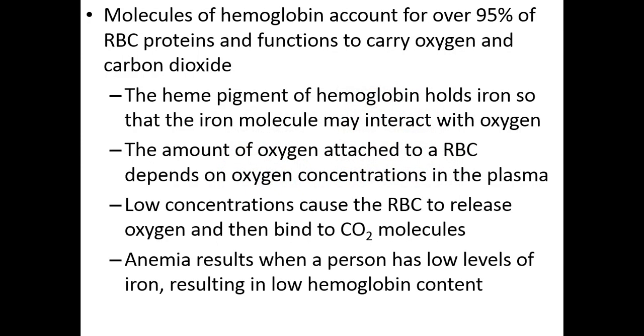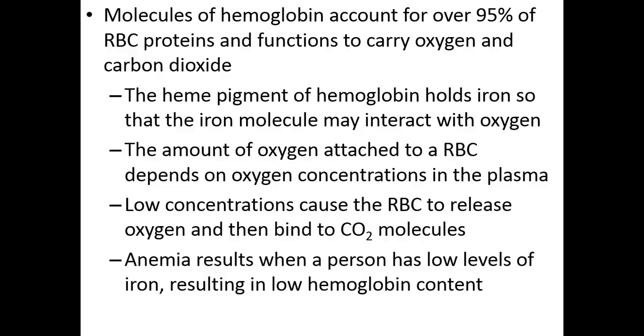So, low concentrations of oxygen in the plasma then allow carbon dioxide to attach. There's this give and take relationship between oxygen and carbon dioxide and which one is going to attach and detach itself from a red blood cell, and all of that is based on the concentrations in the plasma and outside the plasma.